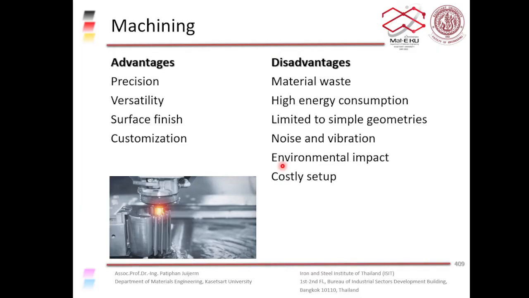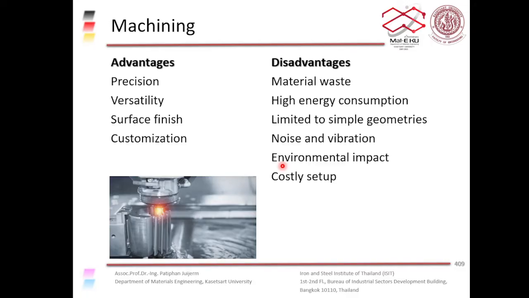So you can reuse the coolant for a certain amount of time until it collects all the junk in there, so that it is not possible to be used anymore. So how are you going to get rid of it? It has to be managed quite properly, so that adds to the cost of the machining process.